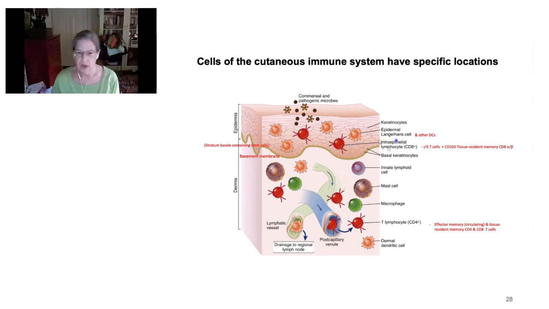And also in the epithelium, you will have some of these very innate-like gamma delta T cells and other innate-like cells, ILCs, in the epidermis there, kind of telling the Langerhans cells and other cells what they ought to become when they're going to go to the regional lymph node and prime.